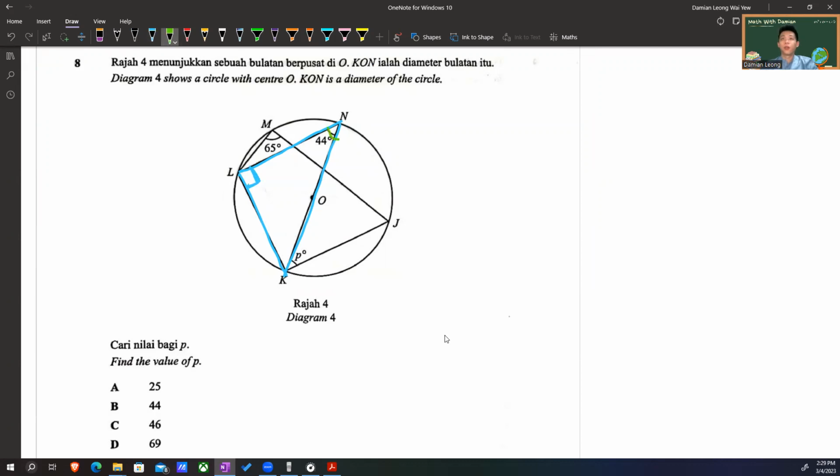I have 44 here, 90 here, so I can find angle LKN, which is 180 minus 90 minus 44, which gives 46 degrees.